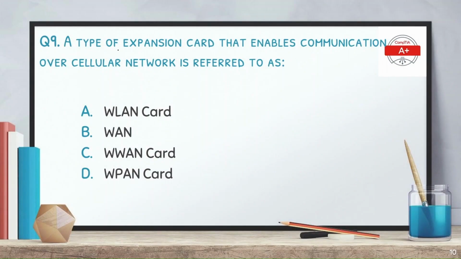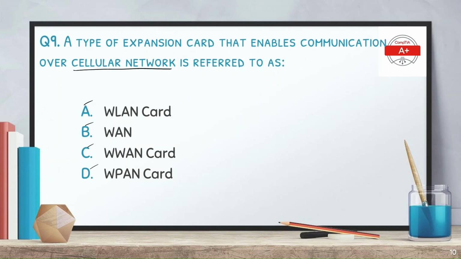Question number 9: a type of expansion card that enables communication over a cellular network is referred to as, and again the options are A, WLAN card, B, WAN wide area network, C, WWAN card or wireless wide area network, and D, WPAN card, wireless personal area network.